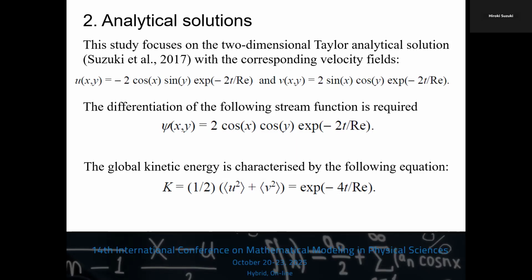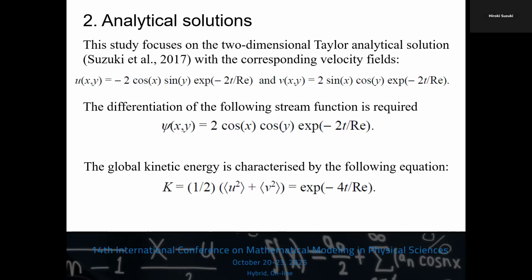This study focuses on the two-dimensional Taylor analytical solution, with a corresponding velocity pair as follows. Here, t and Re denote the non-dimensional time and Reynolds number respectively. The differentiation of the stream function is required to obtain the desired results.